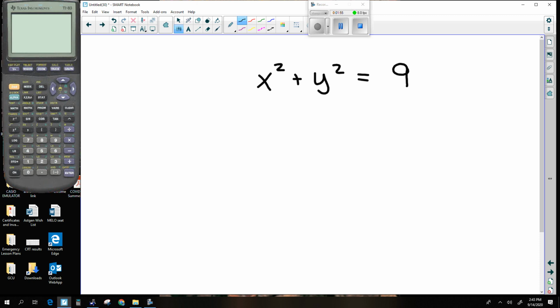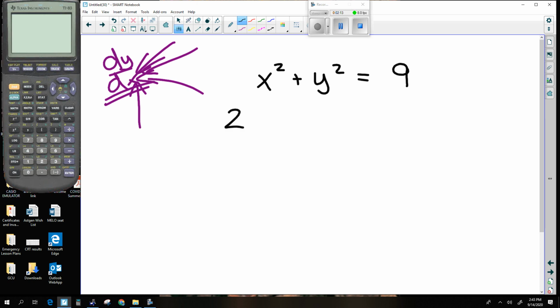So if I want to ultimately understand what dy dx is in this problem, the special letter is x. So what you get to do is treat x like you normally would in every single problem. So x squared is 2x upon the derivative. Now plus.